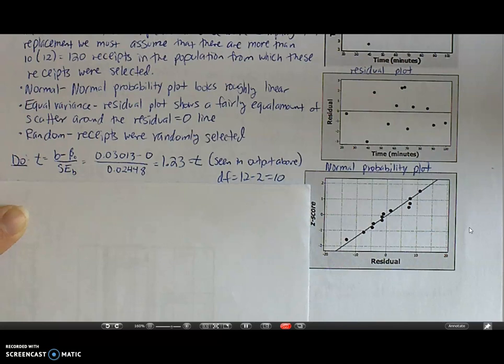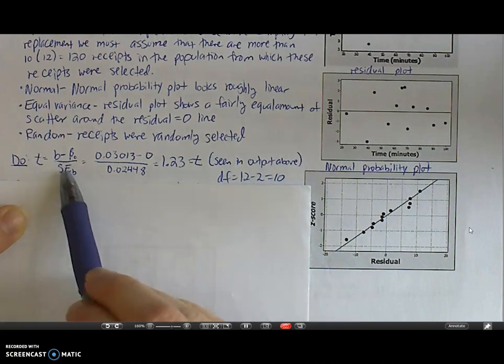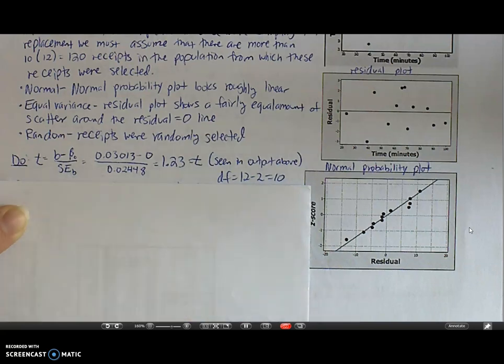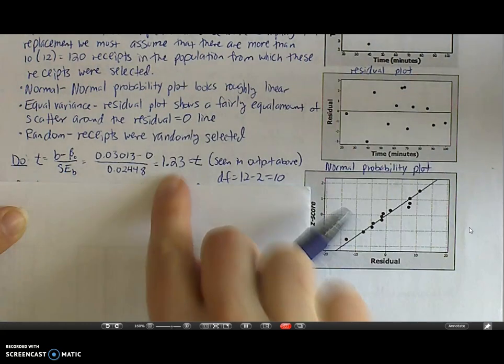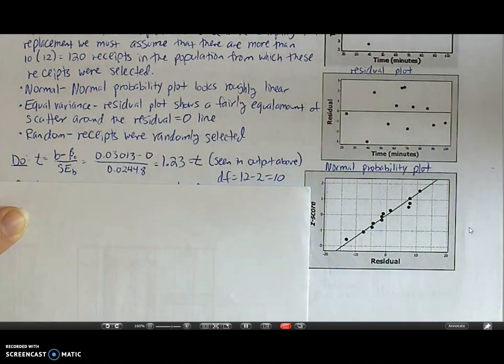We were saying, what if there is no linear relationship? And we're testing to see if there is a positive linear relationship. Standard error of the slope goes on the bottom, which came from the computer output. So you didn't have to do any math there. Okay. Now, when you divide those two values, you get a test statistic of 1.23.